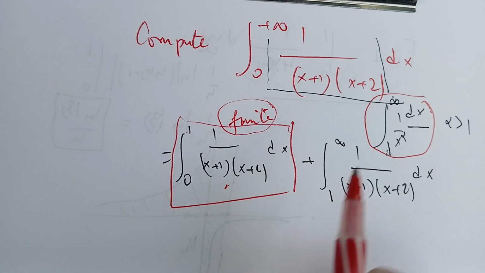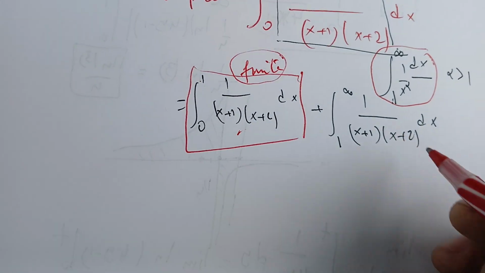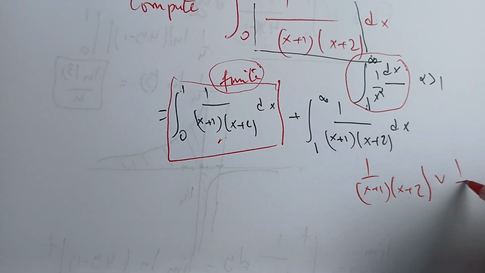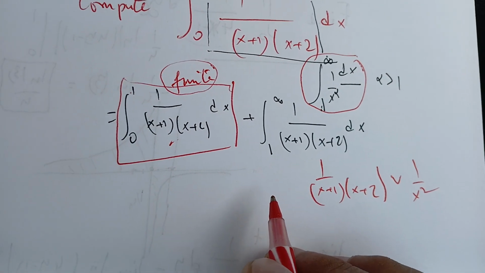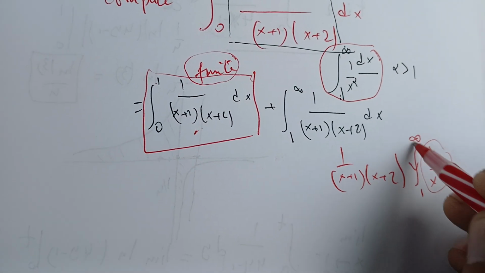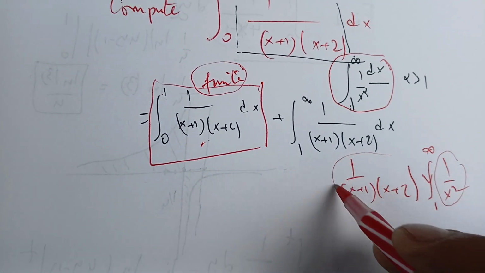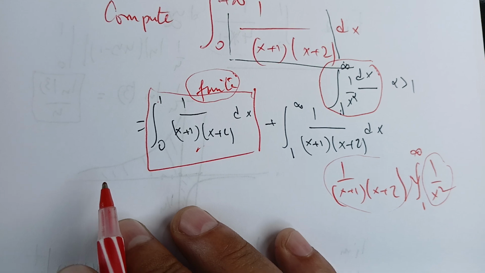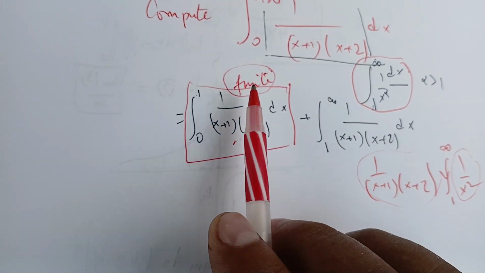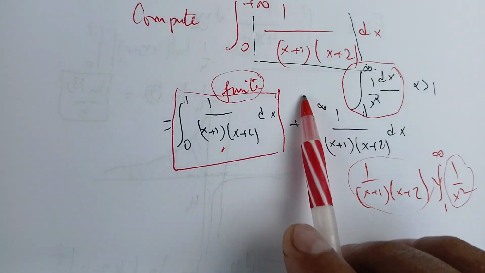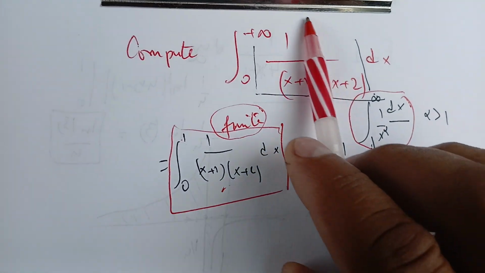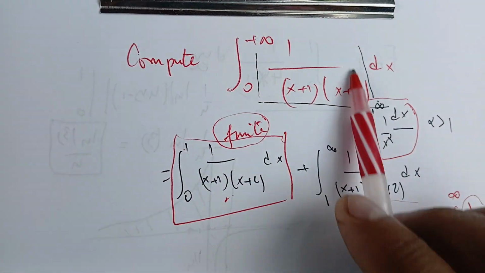So 1 over (x plus 1) times (x plus 2) behaves like 1 over x squared. So since this one is convergent for integration between 1 and plus infinity, this is also convergent. Now we show that this integral is the sum of this finite integral and this convergent integral. Therefore, this integral exists and it's finite.